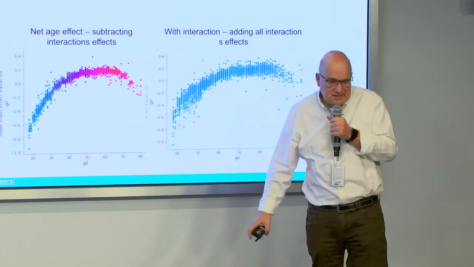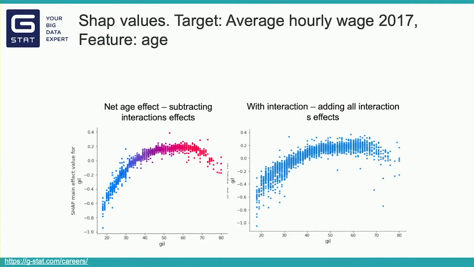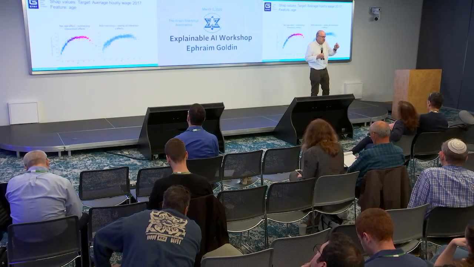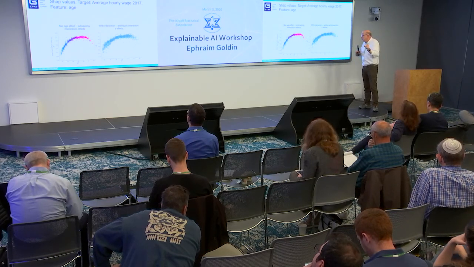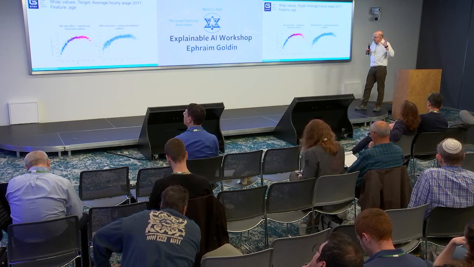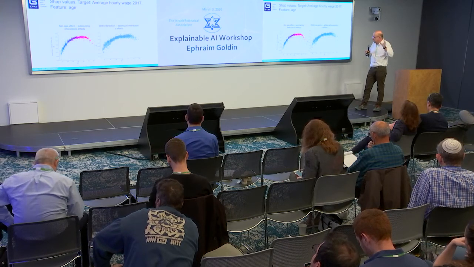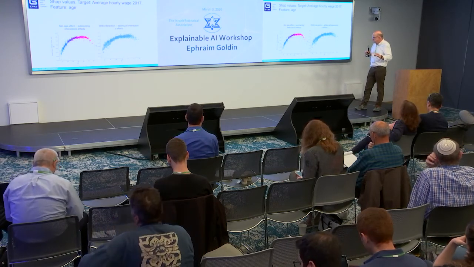Okay, these are the Shapley values for age. What we have here is 3,000 betas, one for each person. We have a different beta for the wage effect, the Shapley value.